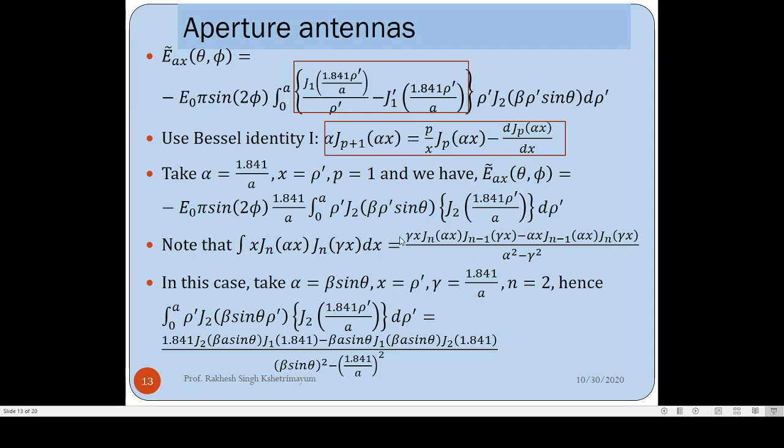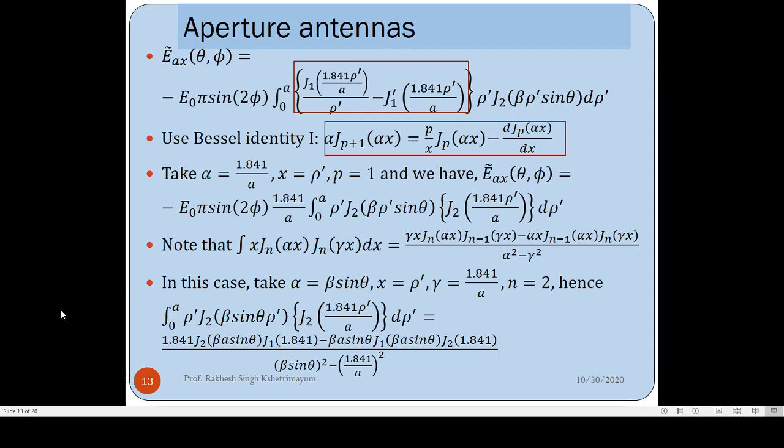Alpha x, alpha is what? Alpha is beta sine theta, x is rho dash. Gamma is 1.841 by a, x is rho dash. So we are doing integration of this term and this term. Alpha is beta sine theta, x is rho dash, gamma is 1.841 by a, n is 2. So plug it into this identity: alpha, x, gamma and n equal to 2, then you will get the integration.